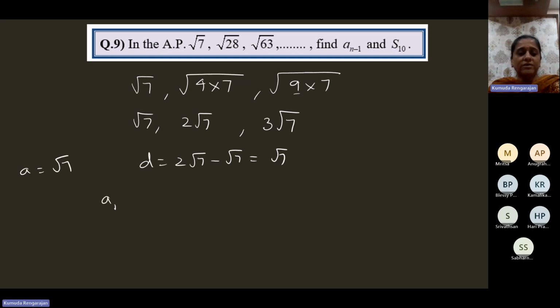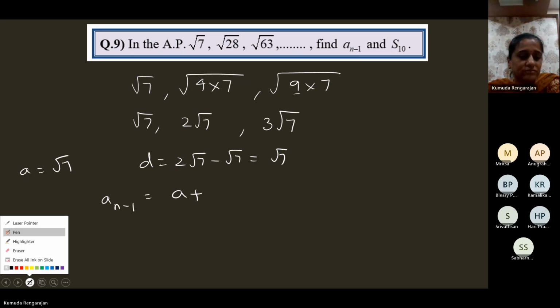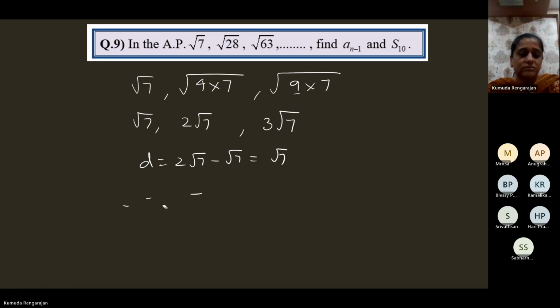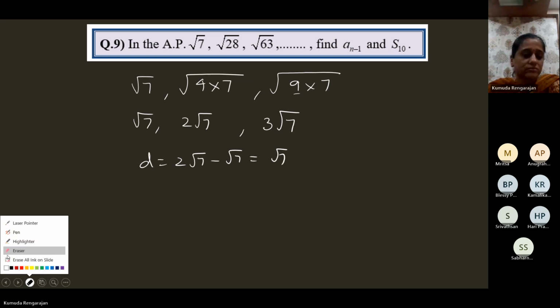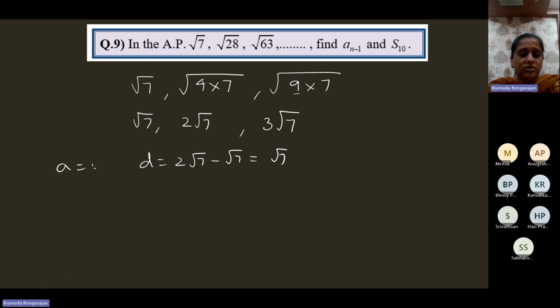So how do we find a n minus 1? A is root 7.